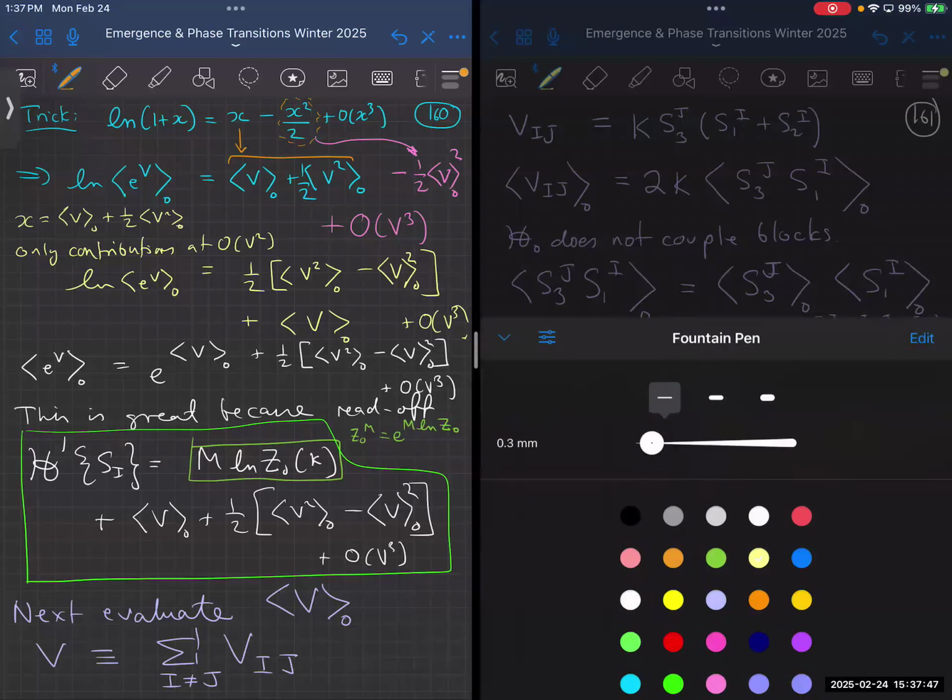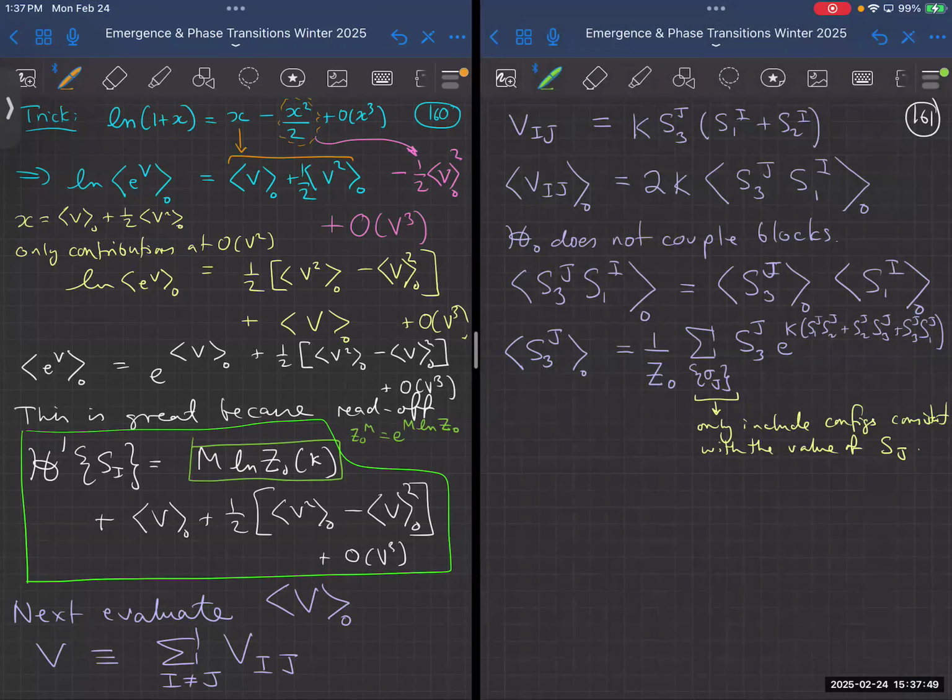So when we want to do that, what we're going to do is say Sj can either be +1 or -1. So let's take the case where Sj is equal to +1. When Sj is equal to +1, I claim these are the terms that you have.